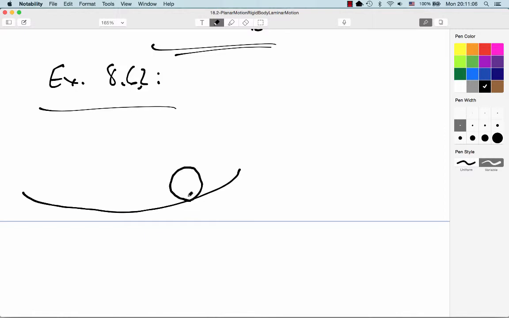So it's rolling at omega. We'll call that point right there point P. We'll say the radius is big R. We'll say that the cylinder's radius is little r, and we would be putting our unprimed origin right there.